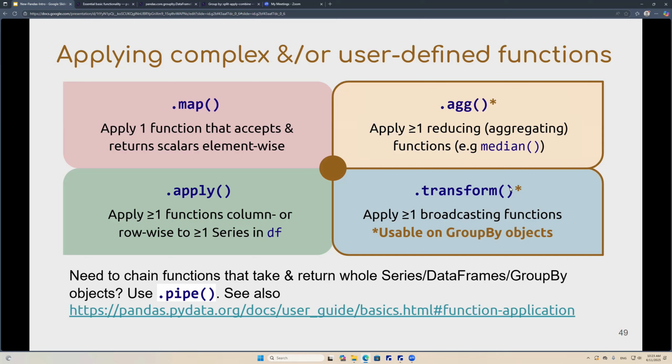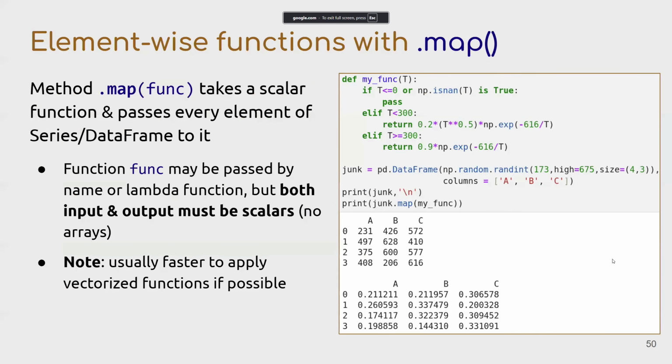Both agg and transform can be applied to GroupBy objects. And if all else fails, you can use apply, to apply one or more functions column-wise, row-wise, or group-wise, to one or more series in a data frame. So let's go into these in a little bit more detail.